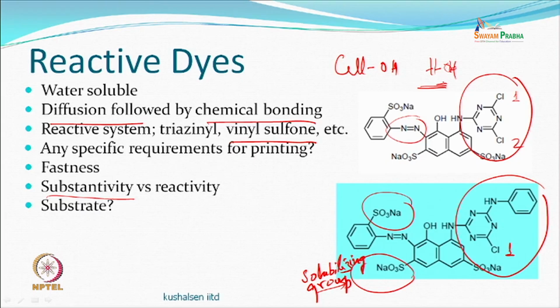The end amino groups are good enough to react and do not require alkaline medium. If you do not require alkaline medium, the hydroxyl group, that is water, will not react, and therefore you will have less hydrolyzed dye. So for the protein fibers, a different pH is a much better option, and the reaction takes place.